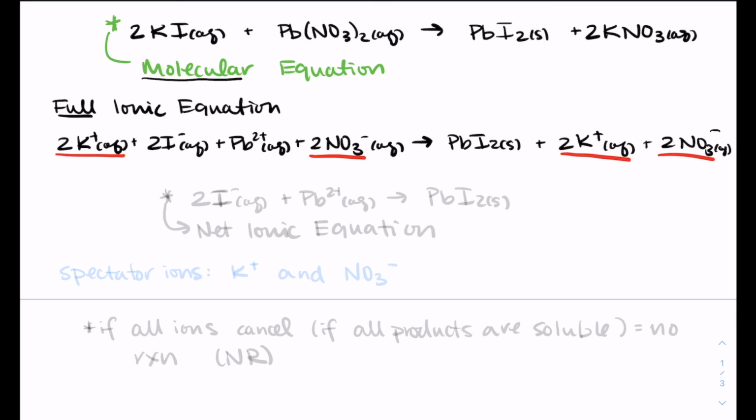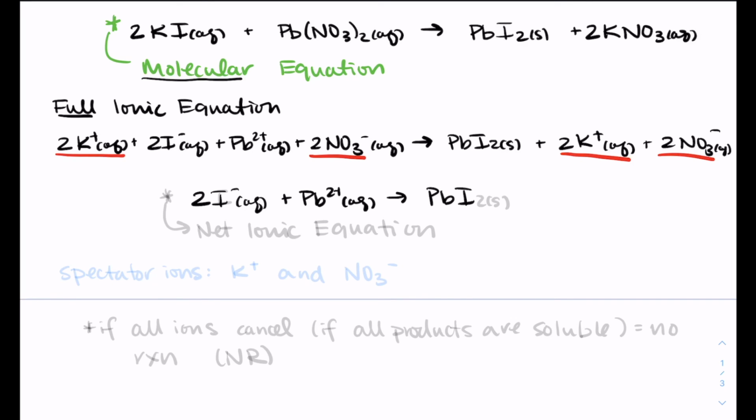From the full ionic equation, if you find things that appear exactly the same on both sides, we can cancel them out. Potassium was one example. Nitrate is the other thing that does not change throughout the reaction. What we're left with is 2I- plus Pb2+ forming PbI2.